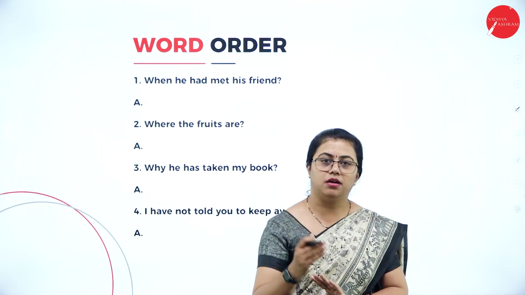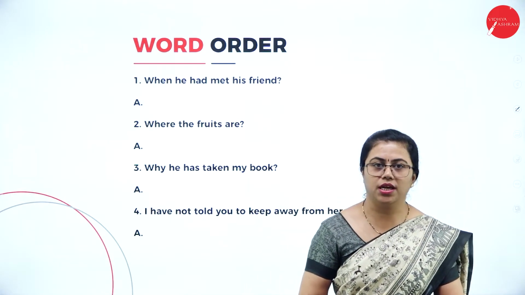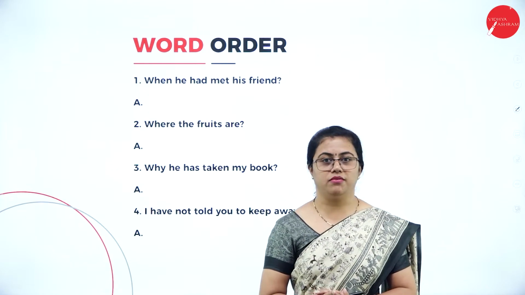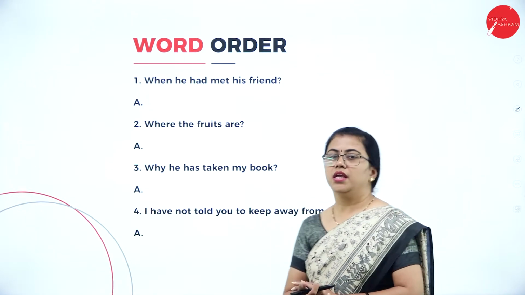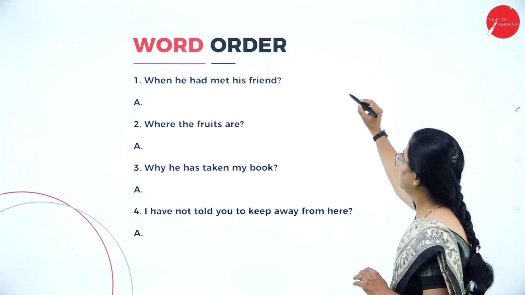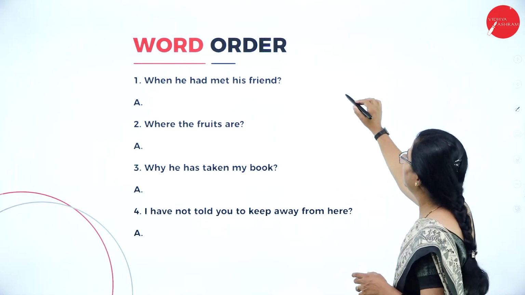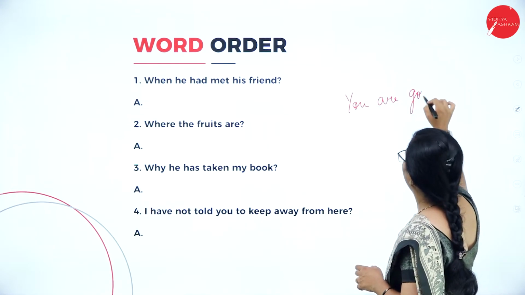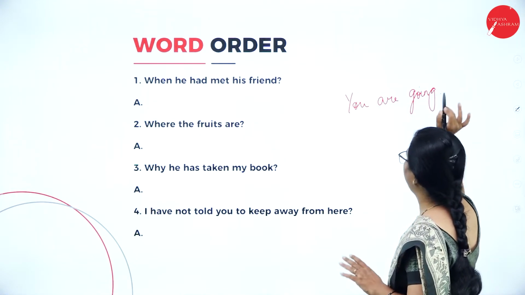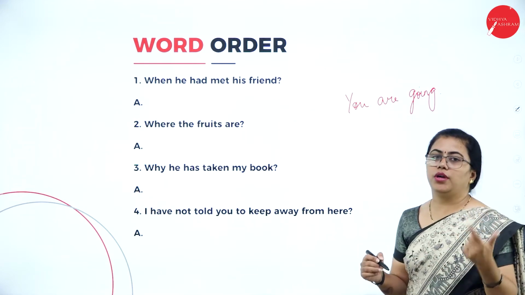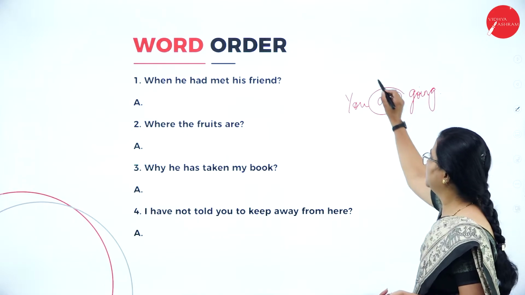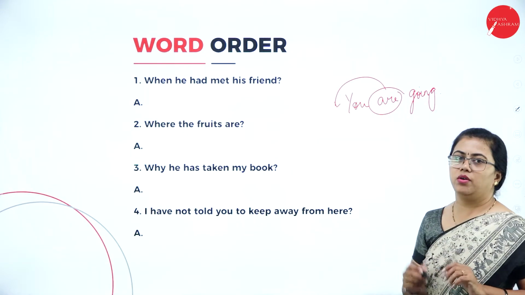You have auxiliary verbs, that is, helping verbs, whenever you are using a question. I gave you an example: you are going. If I say you are going, it is just a plain sentence. How do you convert this to a question? Either put the auxiliary verb in the beginning or give a question tag.